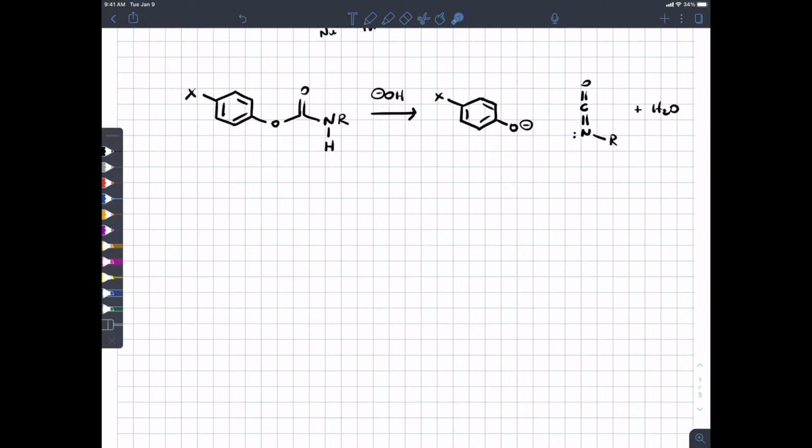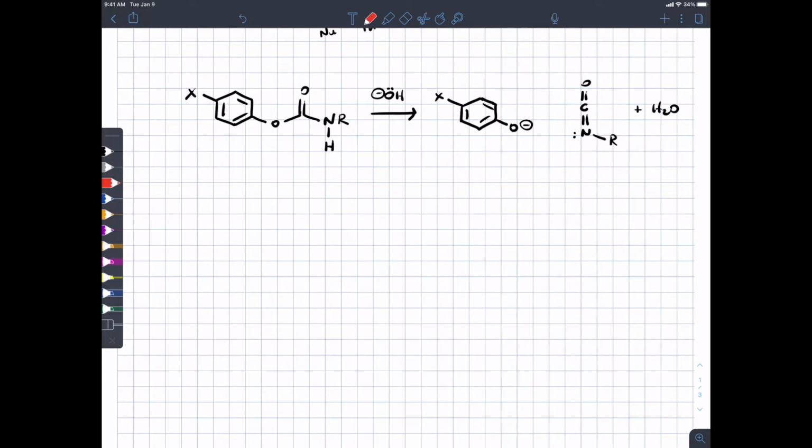It's not actually for the hydroxy group to attack the carbonyl carbon, but instead there's evidence that first, in a fast step, you remove a proton.